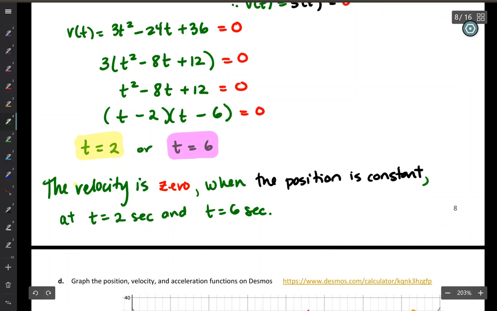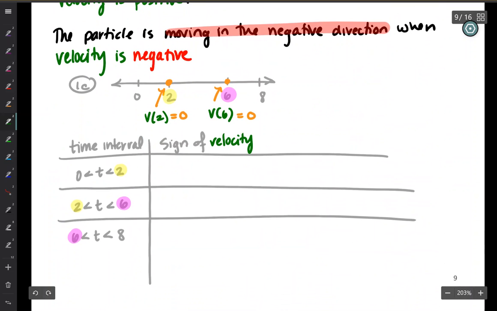But let's just grab any old number. Pick a number between 0 and 2. How about 1? I'm going to let you go plug in, but we know the answer here is that v of 1 is positive.